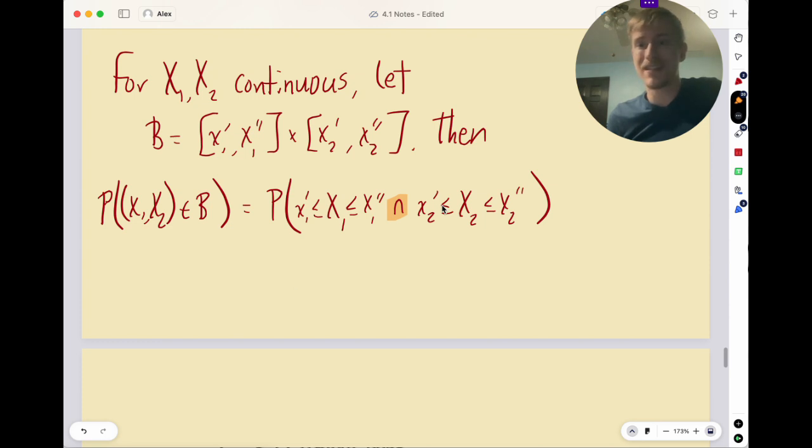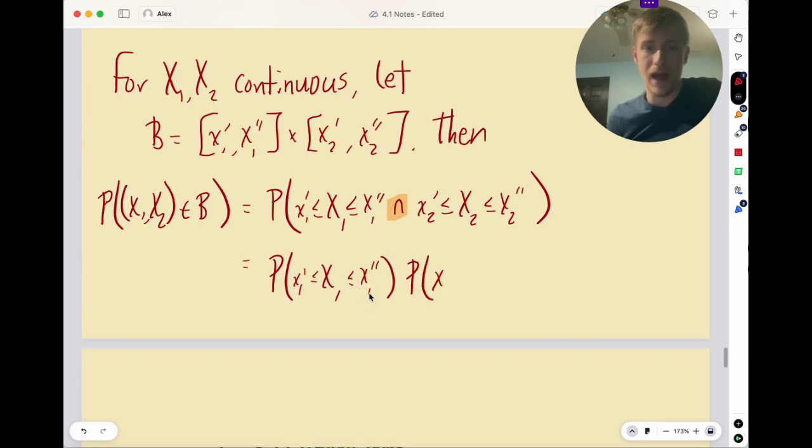And remember, for continuous distributions, even if I have independent events, I can still write this as the probability that x1 is between x1 prime and x1 double prime times the probability that x2 is between x2 prime and x2 double prime.